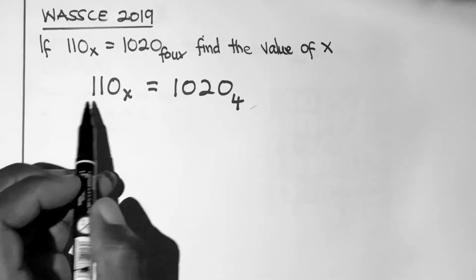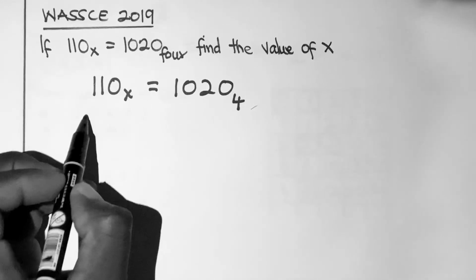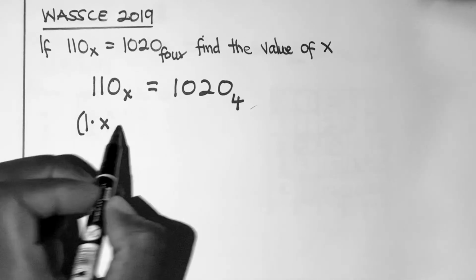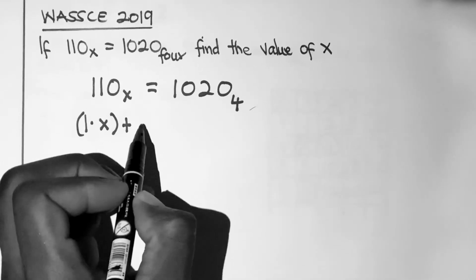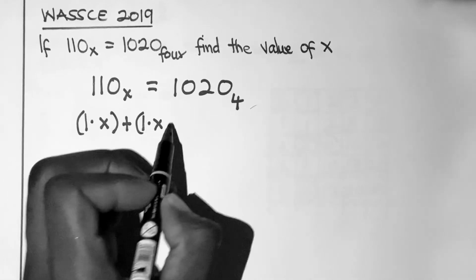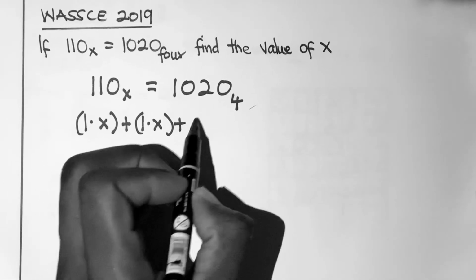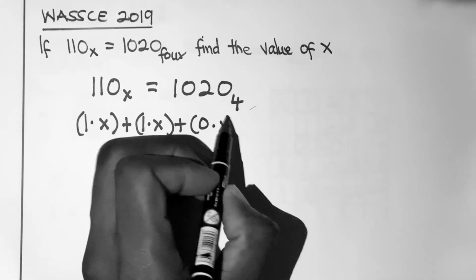So in converting it to base 10, this part becomes 1 times x, put it in brackets, add it to 1 times x, put it in brackets, add it to 0 times x.